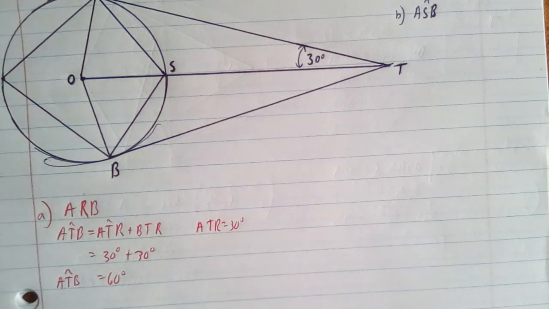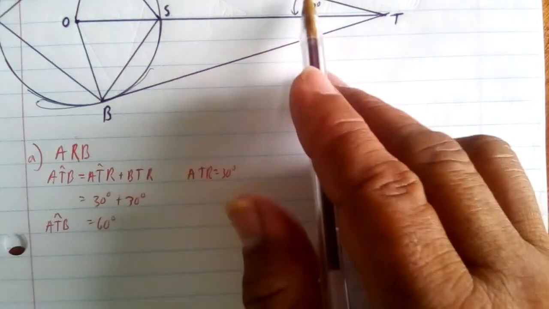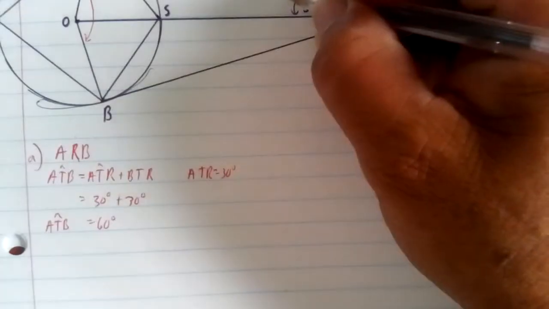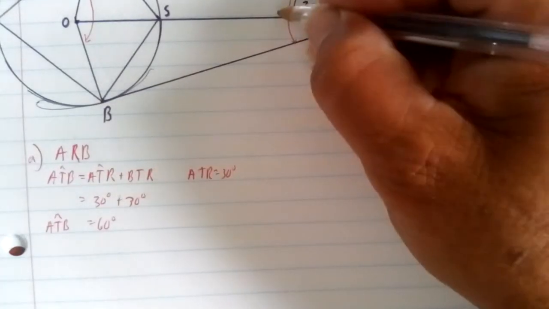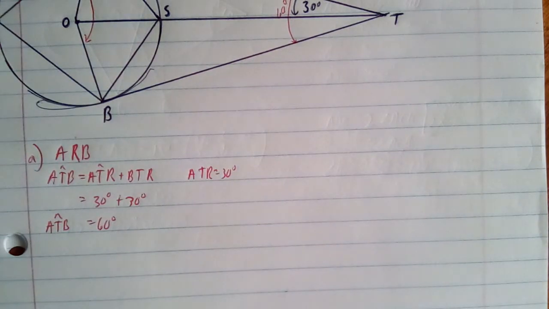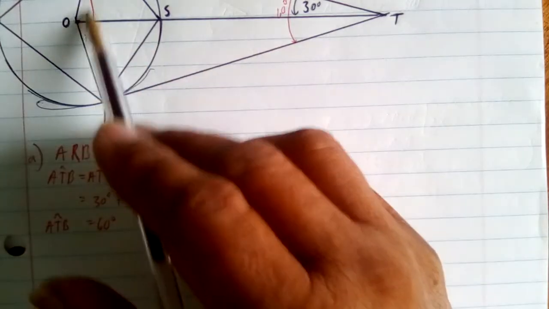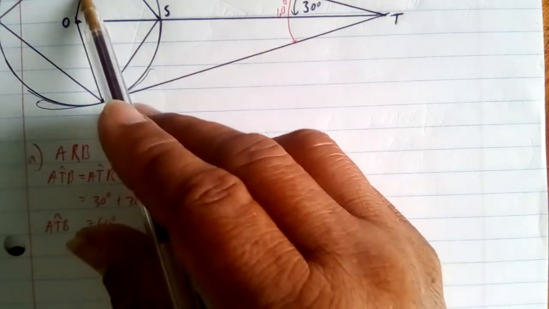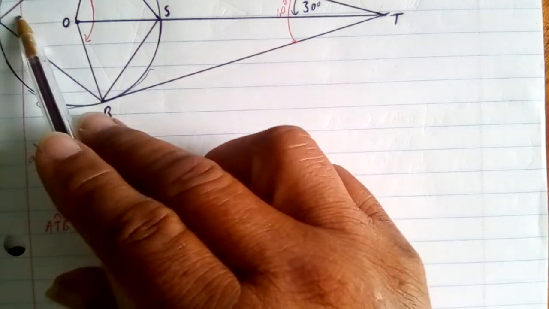So now we apply this information with respect to this. We have here 60 degrees, the one in red. The one that we're going to be looking for is ARB. So we're going to find AOB first. Once we find this one, we can use the angle at the center is twice the angle on the circumference.